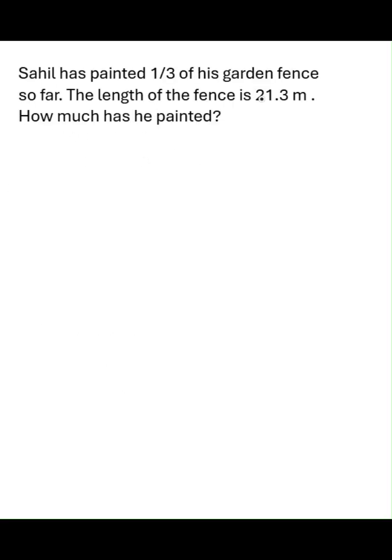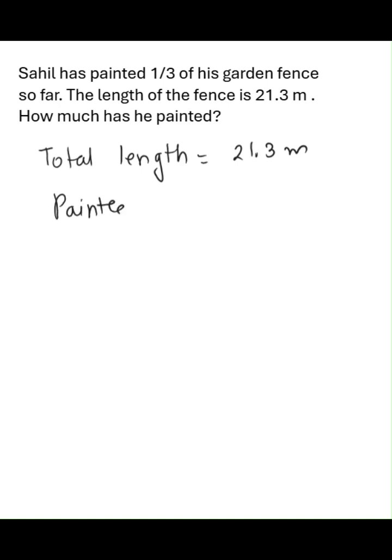Sahil has painted 1/3 of his garden fence. The length of the entire fence is 21.3 meter. So the total length is 21.3 meter. How much has been painted? The painted length is 1/3 of the total length.